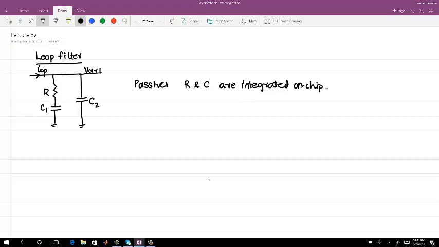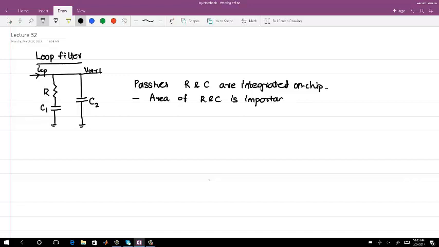First, R and C both are integrated on chip, so the form factor, or size, of R and C is quite important. The area of R and C both is crucial.